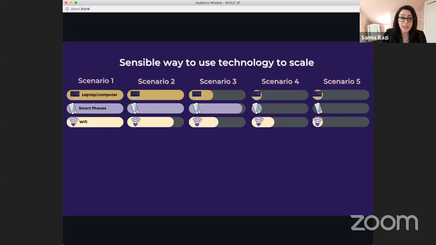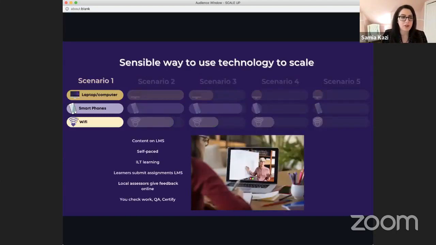In scenario 3, they don't have access to personal laptops and computers, but they do have smartphones and Wi-Fi is available in some areas. Whereas then it goes all the way to scenario 5 where they don't have access to any of these things. So we're going to talk about 3 of these 5 scenarios together.